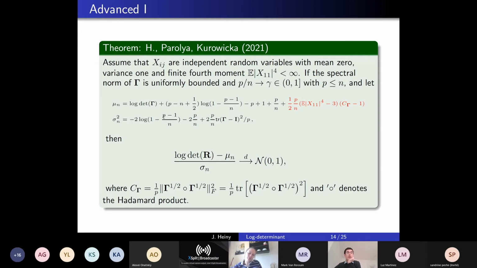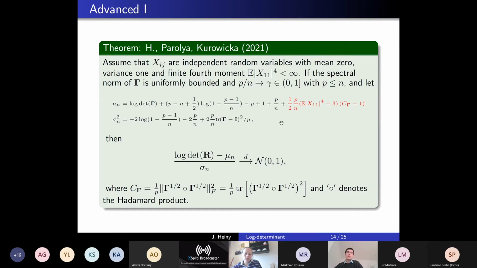And if you maybe know the paper by Pan and Wang in Bernoulli, where they did something similar, for example, for covariance matrices, they had a similar formula, but if you put p here, for example, you would have to remove this 1.